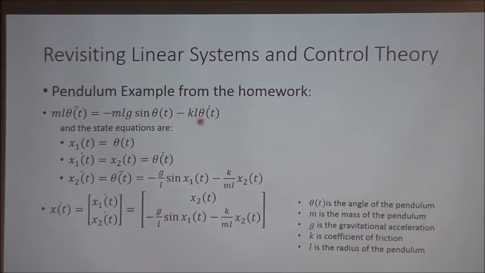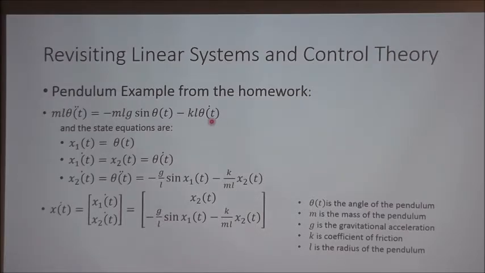And you know theta is the angle, m is the mass of the pendulum, g is gravitational acceleration, k is a friction coefficient, and l is the radius of the pendulum based on your center of gravity. I mean, you can take the l off the equation. That's why you have to take it to the center.